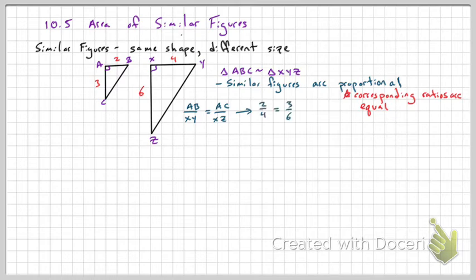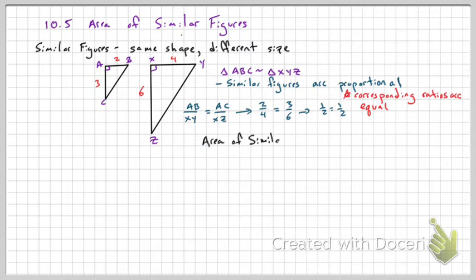So as a fraction, it becomes 2 over 4 equals 3 over 6. They both reduce to 1/2. That 1/2 we call the scale factor, the reduced ratio. What that means is the figure on the left is half the size of the figure on the right, or the figure on the right is double the size of the figure on the left.